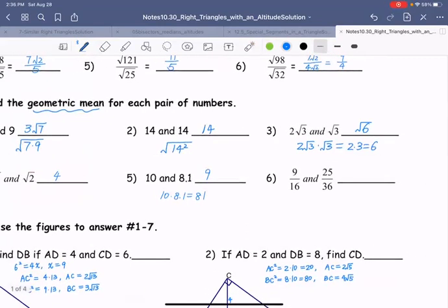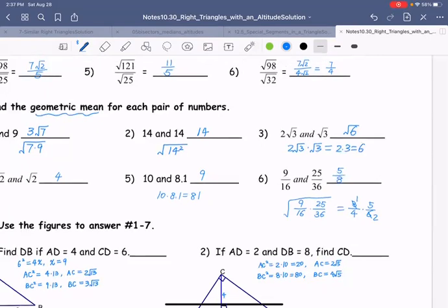Number 6. 3 over 4 times 5 over 6. You did it correct. Let's simplify. Correct. So that equals 5 over 8. There you go.